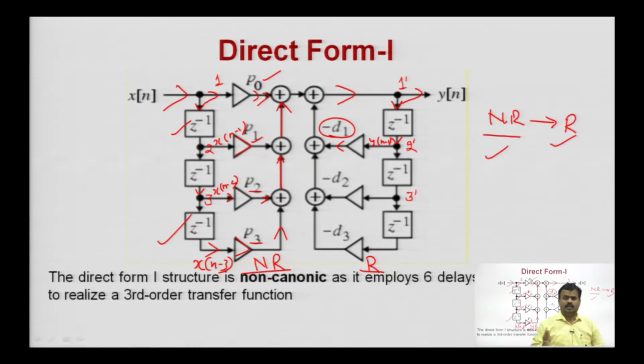Because you are taking feedback, the past value of the output signal. If you are going in the backward direction, the sign will be minus. That is why the minus sign is taken.